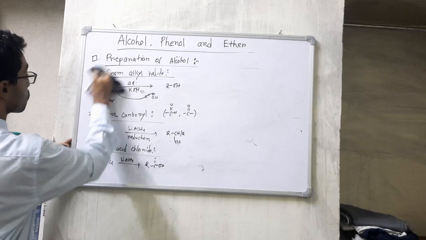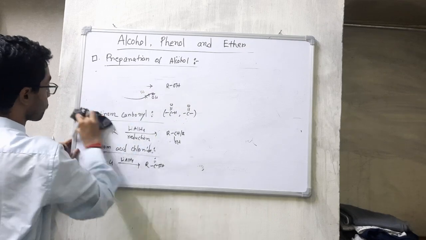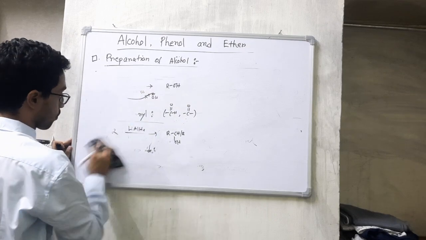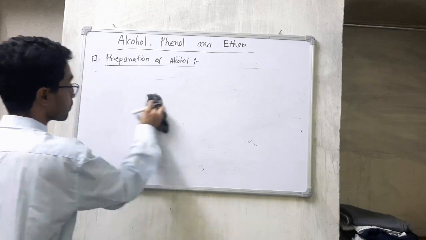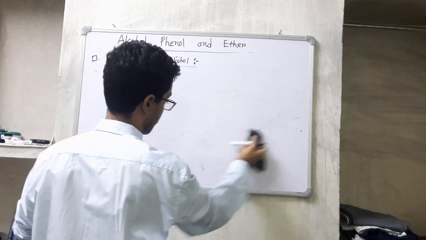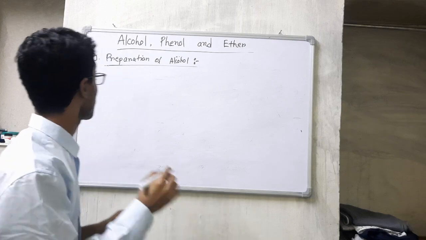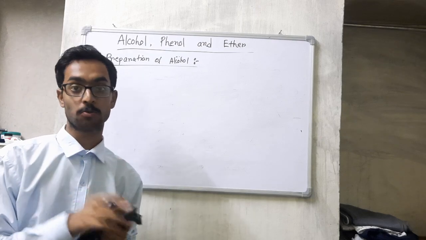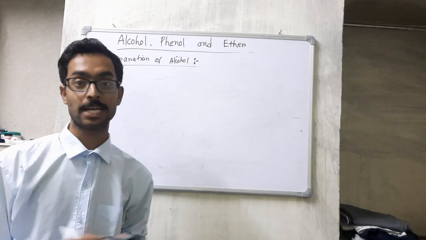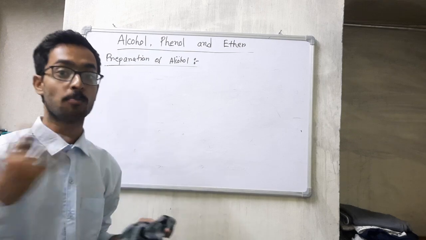Then we go to some chemical properties of the alcohol. What do the chemical properties of alcohol mean? It means when the OH group is substituted or replaced by another functional group or atom.